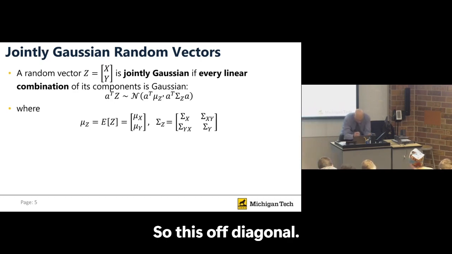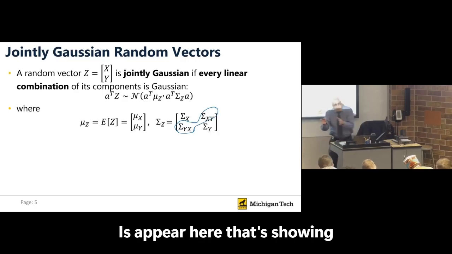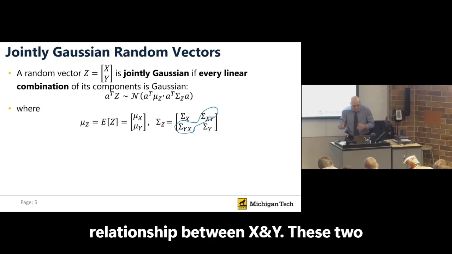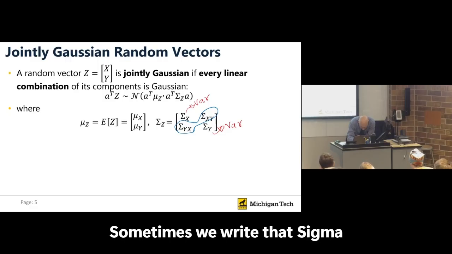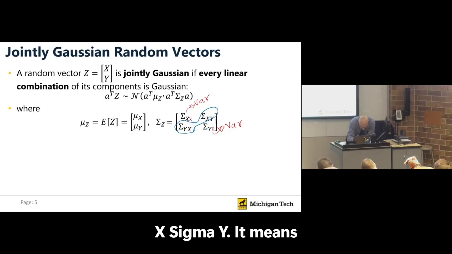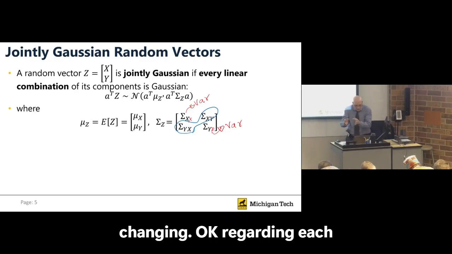So this off diagonal appearing here is showing the relationship between x and y. These two are still variance. This is variance. This is also variance. Sometimes we write that sigma xx, sigma yy. It means how y changes corresponding to y, regarding each other.